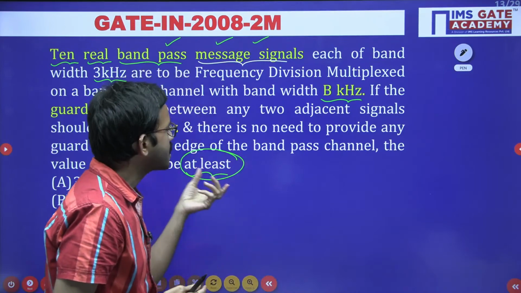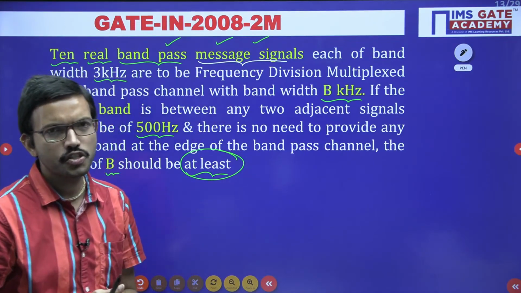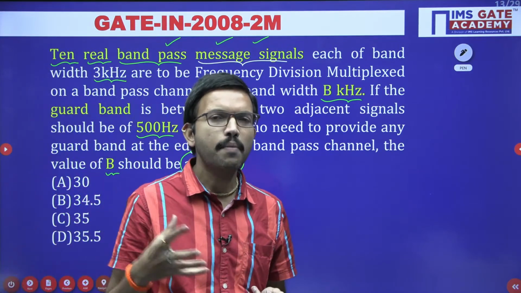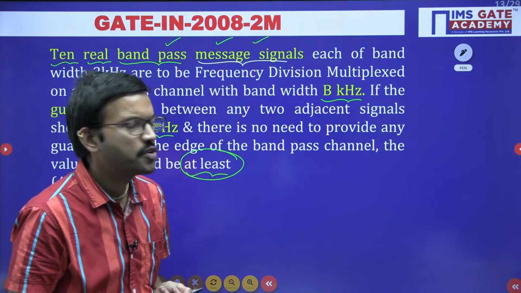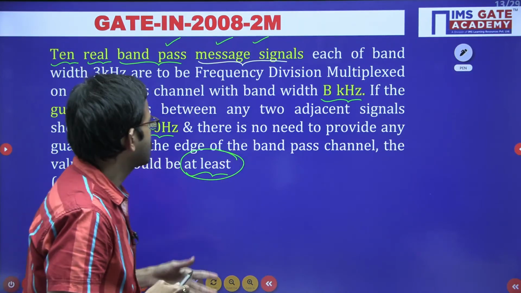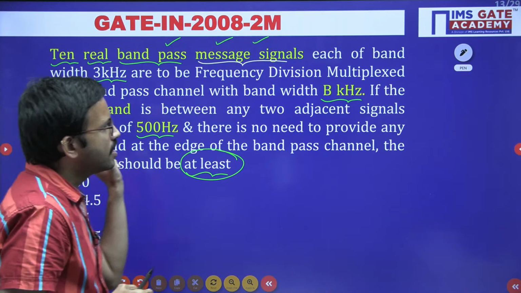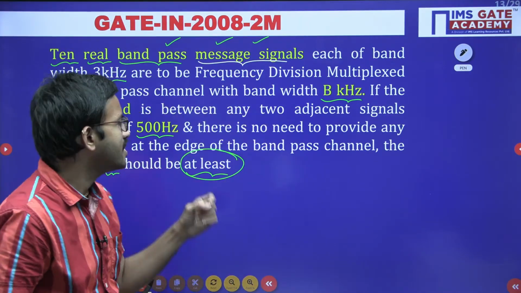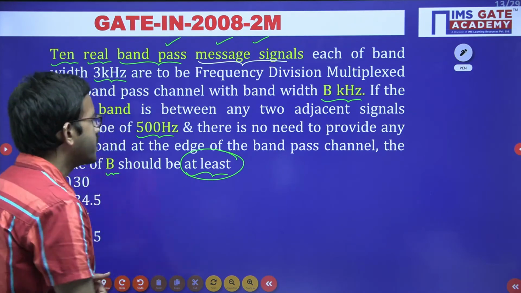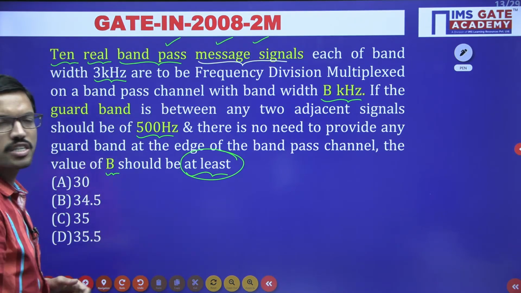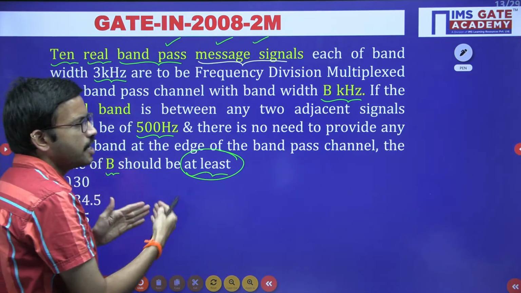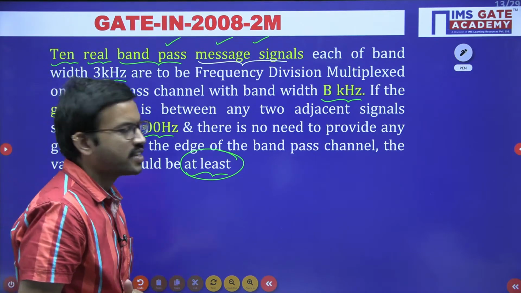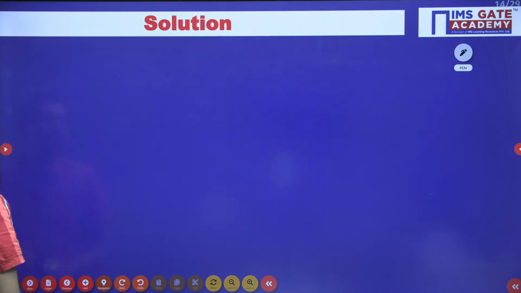Whenever they frame logical or IQ-level questions, you apply the basics you have learned. The clue is the SSBSC modulator, because compared to AM and DSBSC, SSBSC gives the minimum bandwidth. I hope it is clear for everyone.